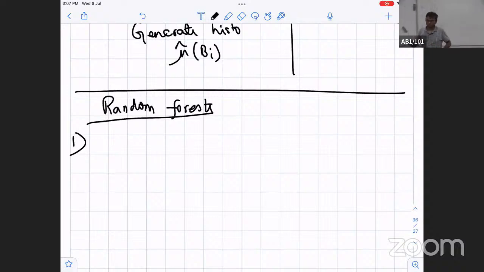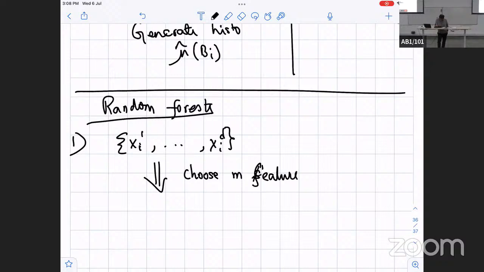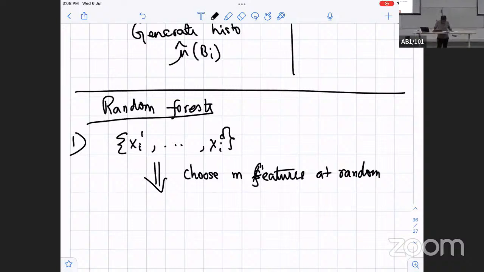So you have your original training data with xi1 all the way till xiD. From this, you will first choose M features at random. Once you choose, you will get some M features.